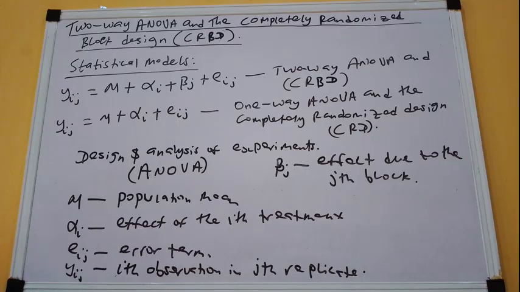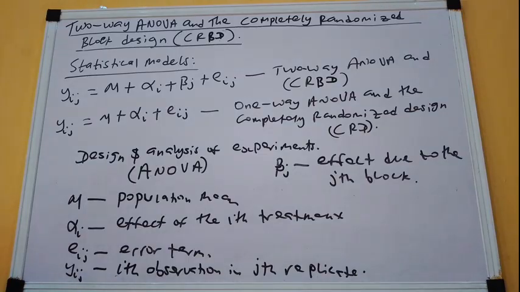The blocks are grouped in a way that minimizes the variability among the units within the various groups. Now, the objective of creating this additional source of variation called the block is to keep the experimental error within each block as much as possible.